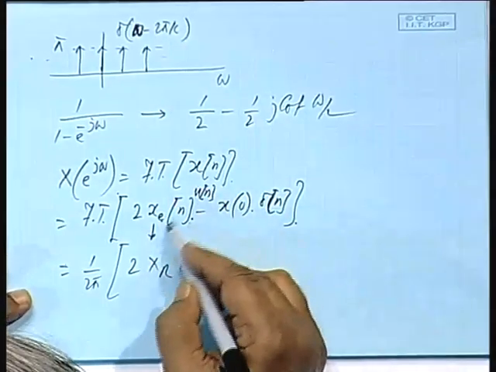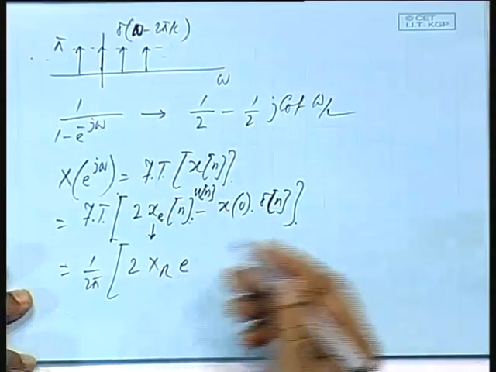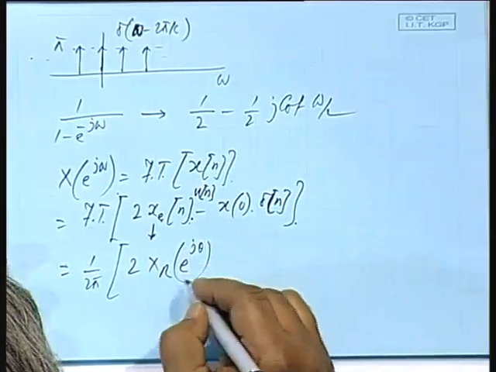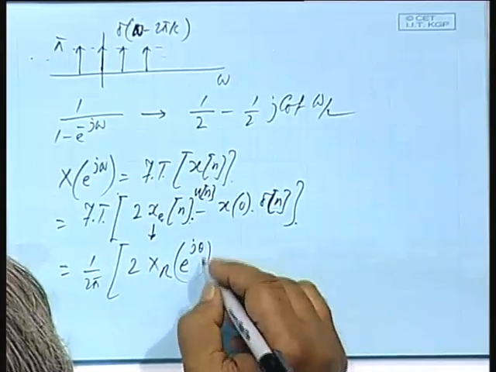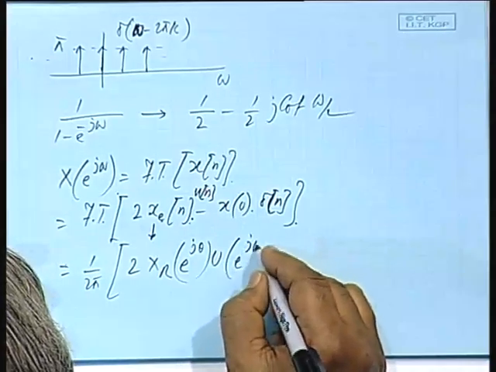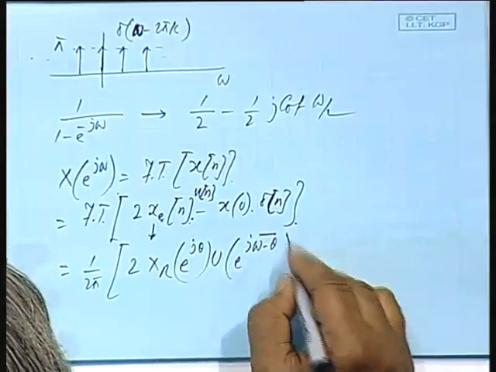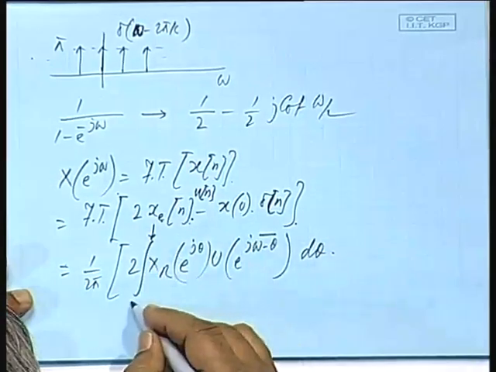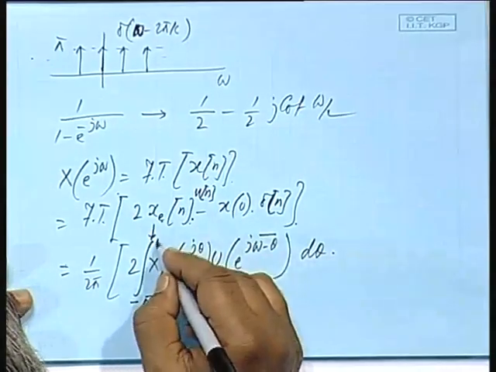Now, if they are in a product form in the time domain, then in the frequency domain we will get a convolution of X_R, which will be U(e^{j(ω − θ)}) dθ, from minus π to plus π.